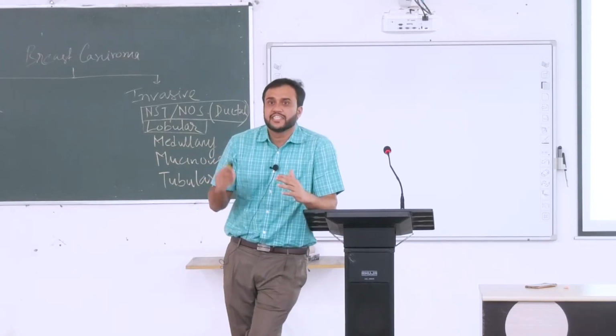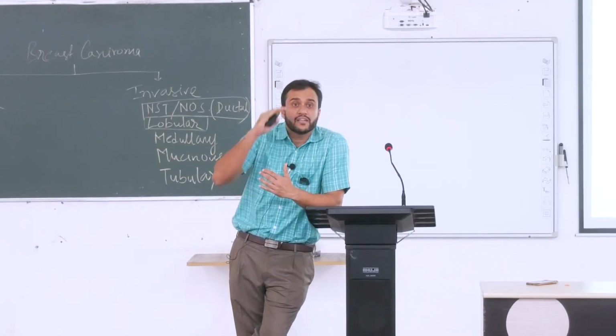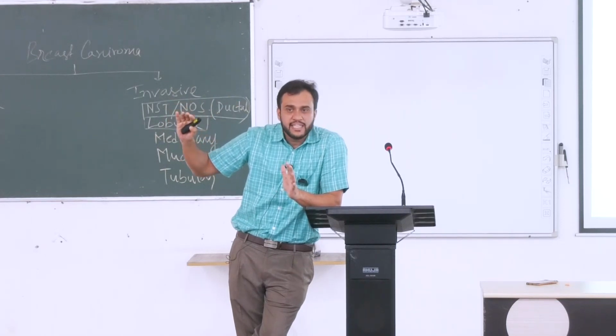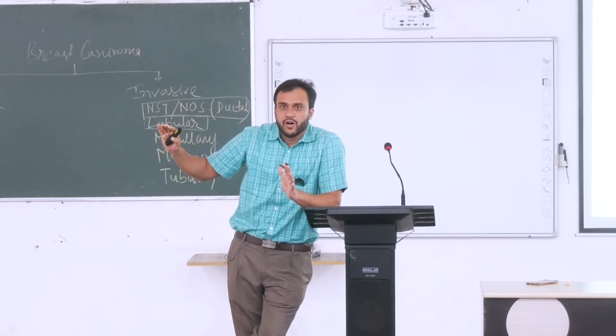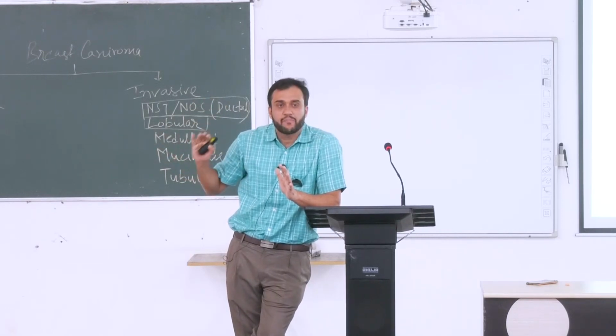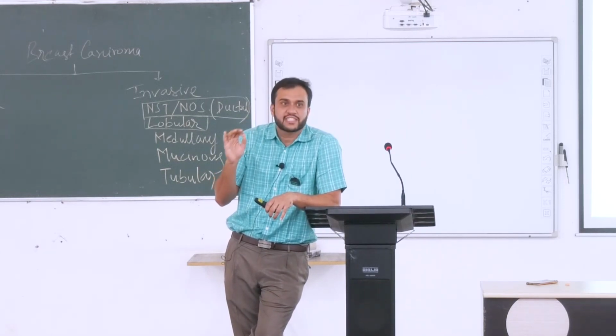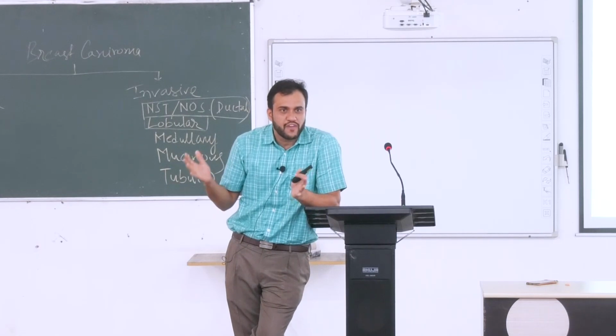If a woman lives for 90 years, one woman out of 8 has a chance of developing a breast malignancy. Breast malignancy is probably the most common malignancy arising from a skin appendage, because breast is a modified skin appendage.